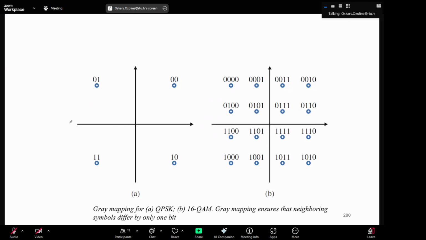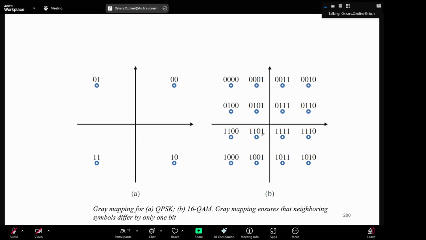In that way, for example, if this one and this one are mistaken, then the difference in bits is only 1 bit. So for these 16 QAM, so square constellations, it is possible to do gray mapping, and for others it's more challenging.